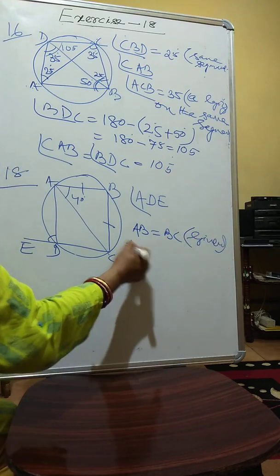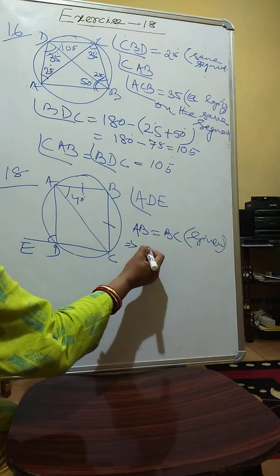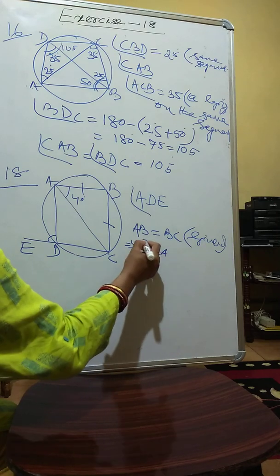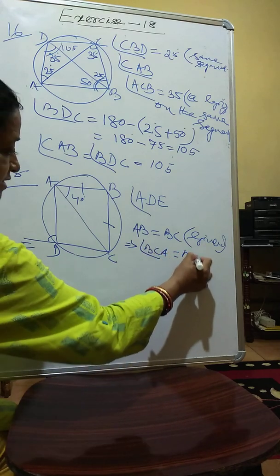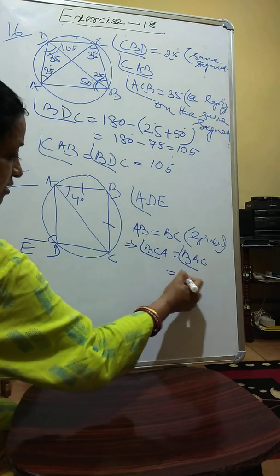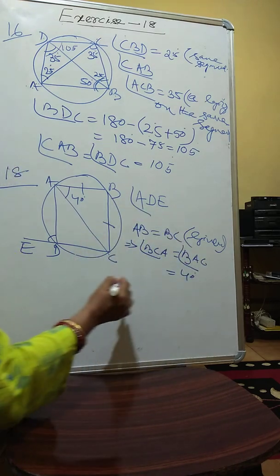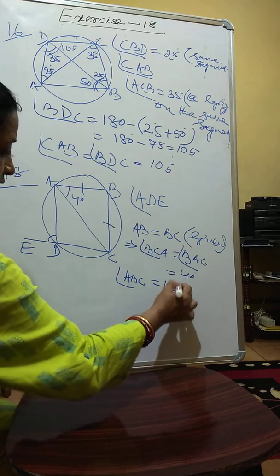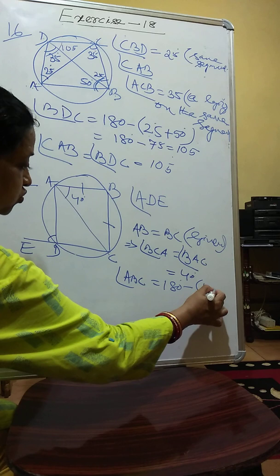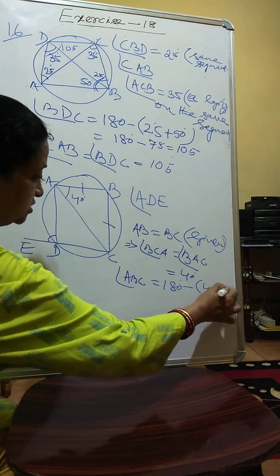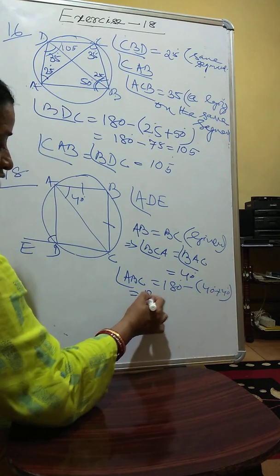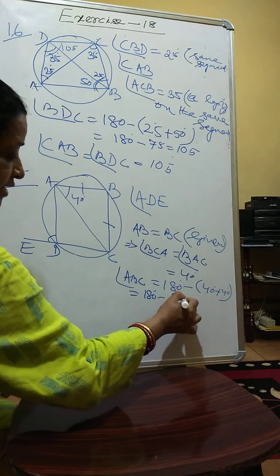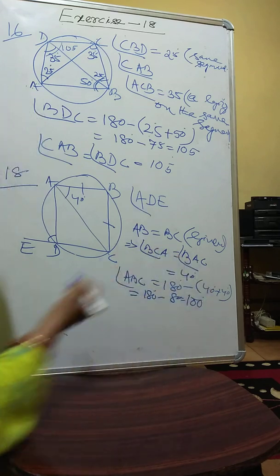Okay. Then I can write BCA is equal to BAC, 40 degrees. Hence ABC is 180 minus (40 degrees plus 40 degrees). That is 180 minus 80 degrees, 100 degrees.